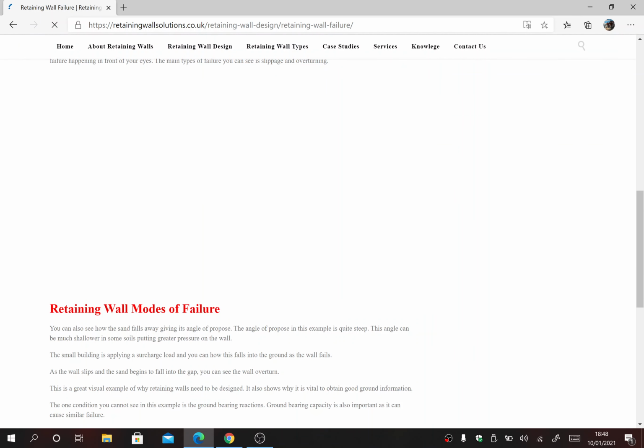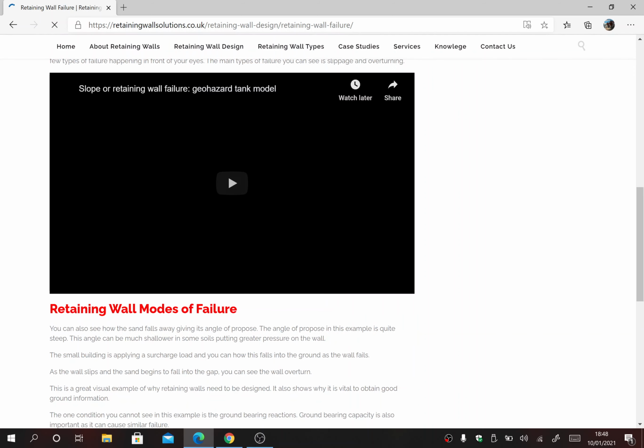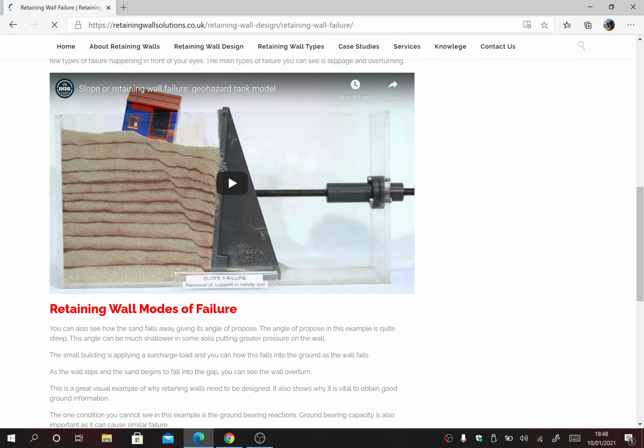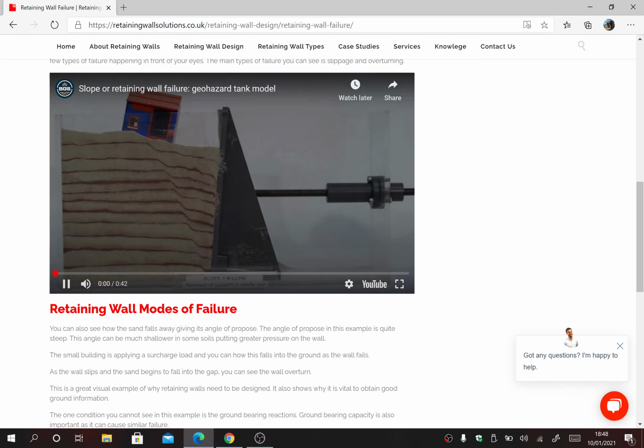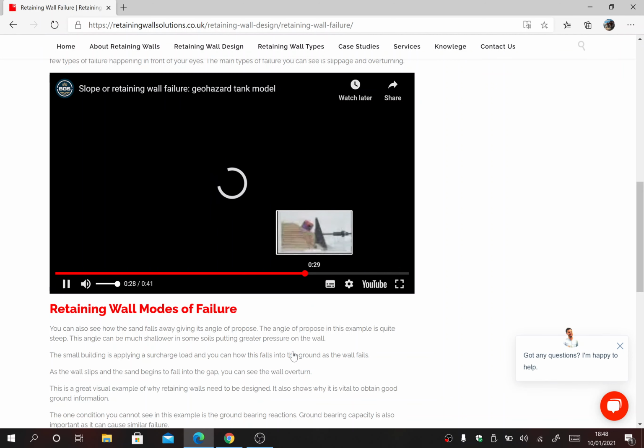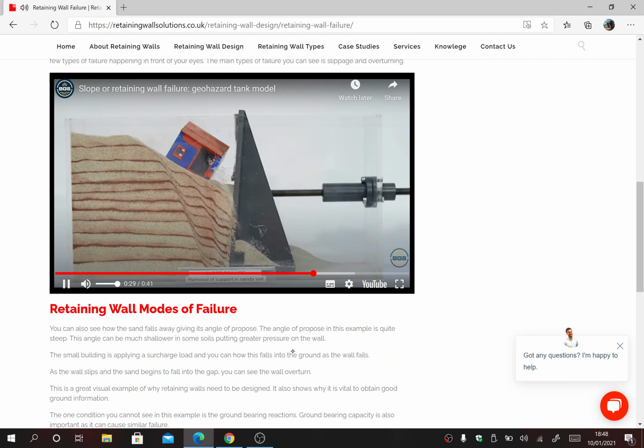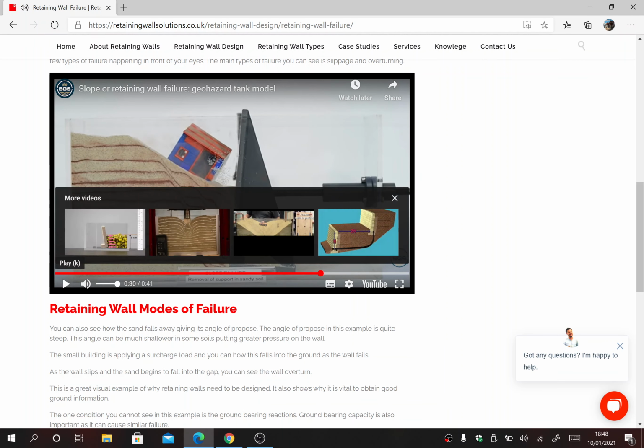It will take a little while for the video to load, but I just wanted to show you how in real life, you see here, let us go to the actual failure at this point. Slope failures in wet clays and silts. You see here that this is the complete failure.